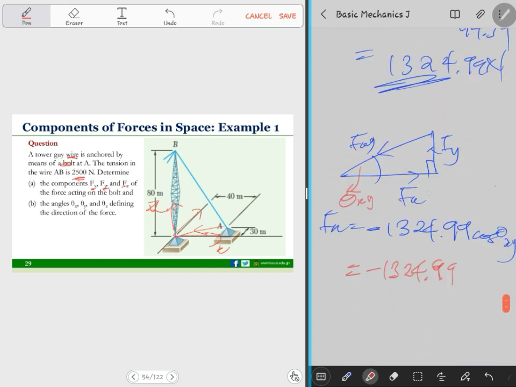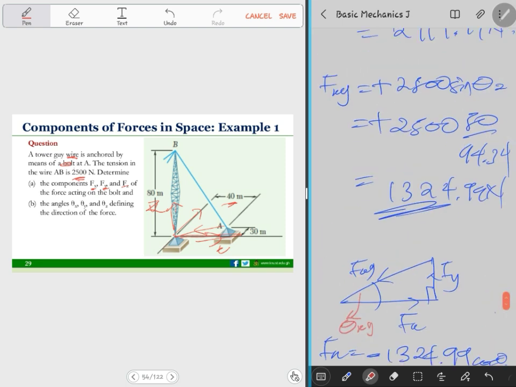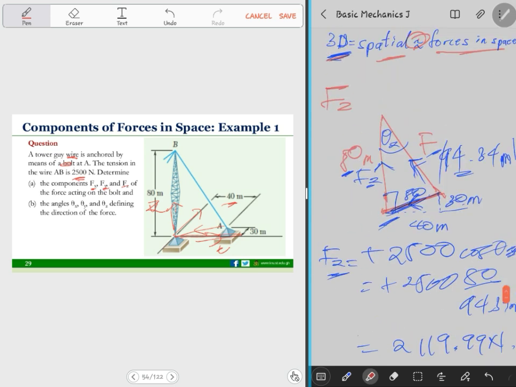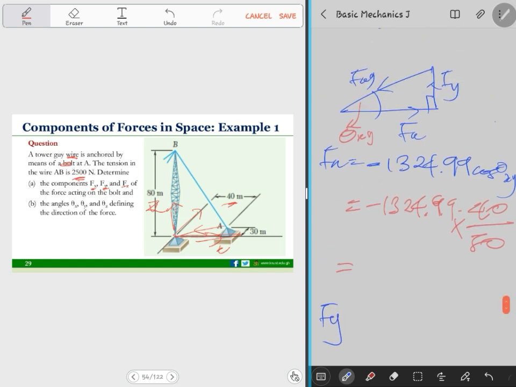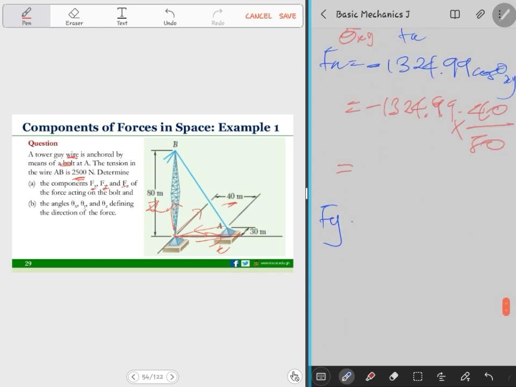Per this particular triangle, this Fx here is what we have here, this 40, so we just put it there as the adjacent. The hypotenuse is the Fxy, the distance there, which we found to be 50, so we just put it there. So this is what we get, and this is how our Fy will be based on this particular triangle.